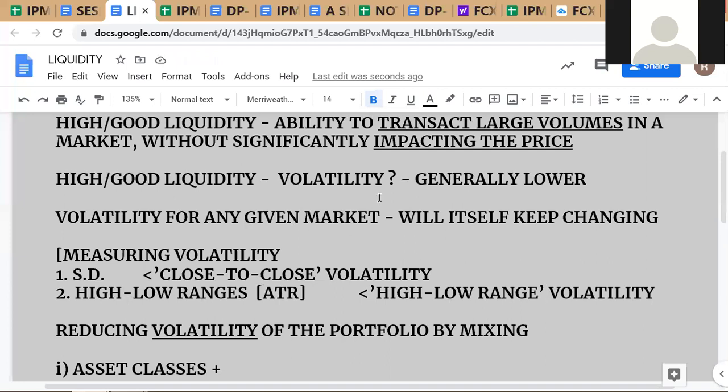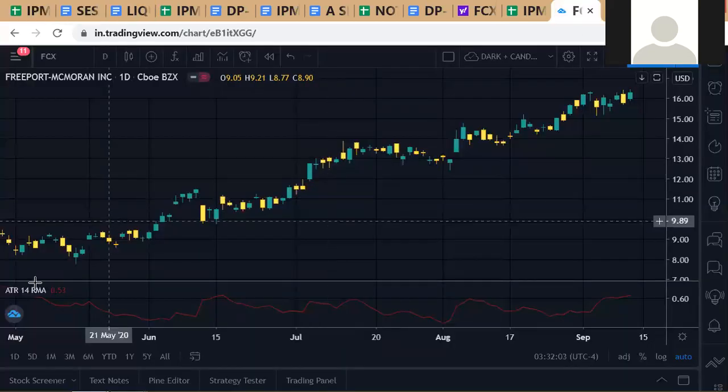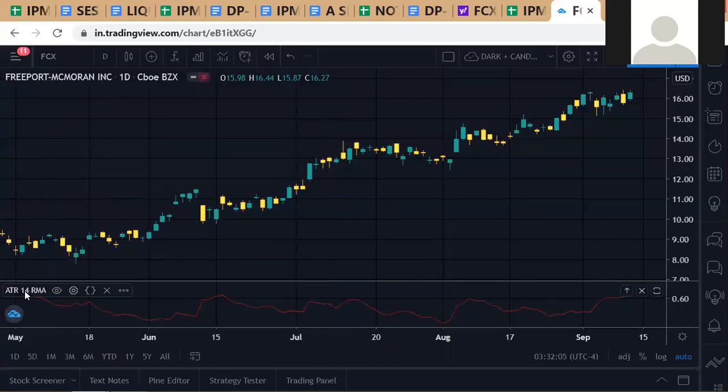With the average true range, you also learned about a new technical indicator. This is the ATR 14, which means 14 is the parameter for this indicator. We have taken every day's true range figure and averaged it over the last 14 days. That's all.